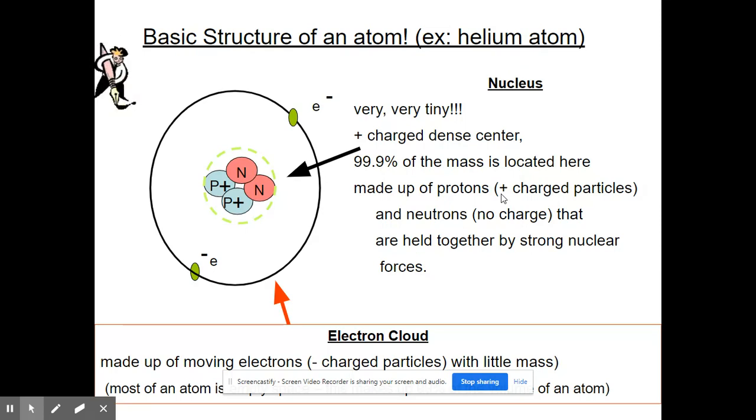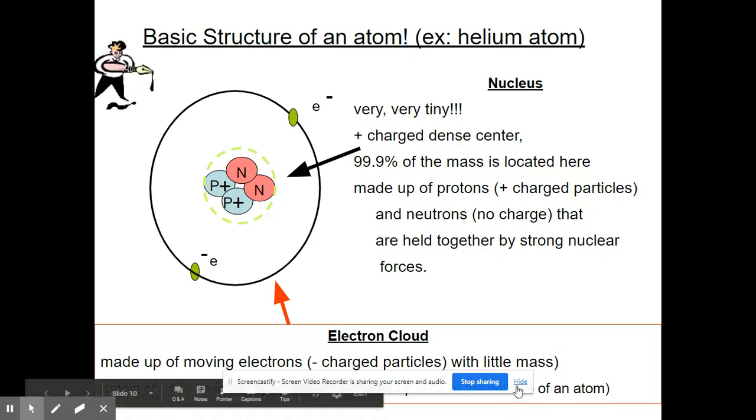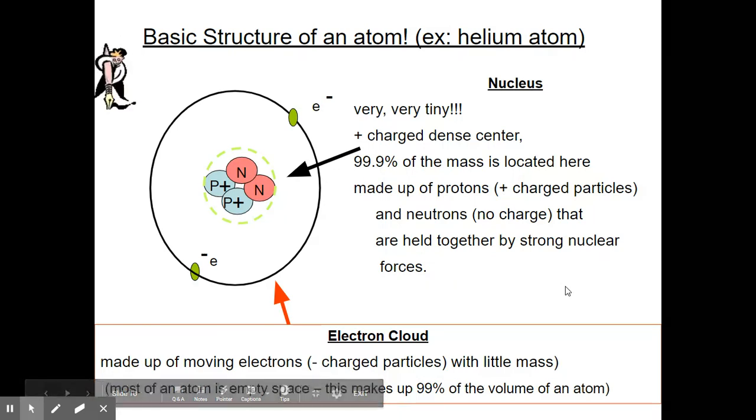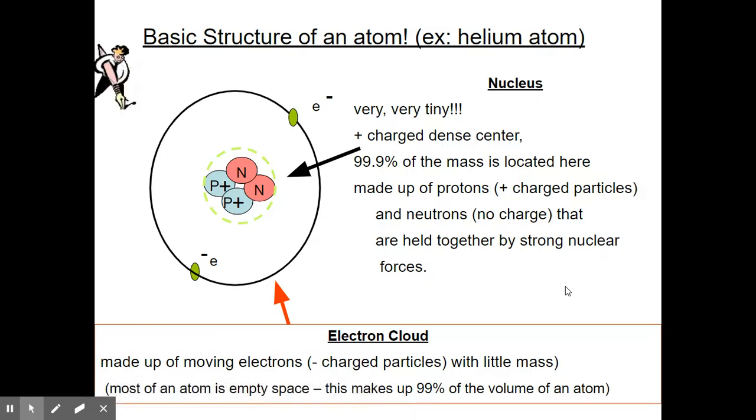When we get into static electricity and chemical reactions, we're going to be talking about these little things that are circling the nucleus of the atom, which are called electrons. Now, the electrons are moving around in the cloud on the outside of an atom. The electron cloud makes up about 99% of the volume. So most of an atom is actually empty space. It doesn't have anything really there.